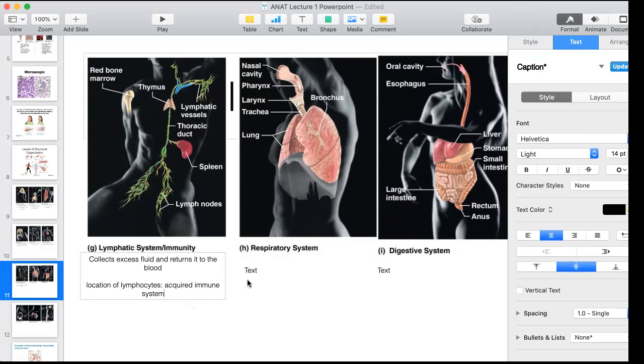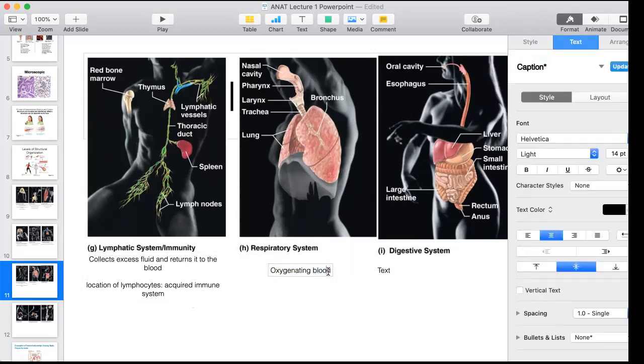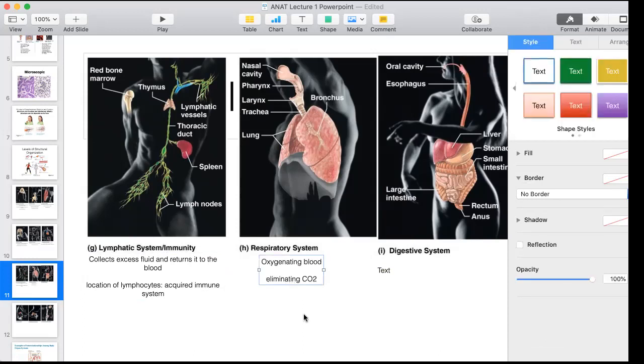Okay, next, the respiratory system. It is involved in oxygenating blood, and also it is responsible for eliminating CO2. So, very simple.